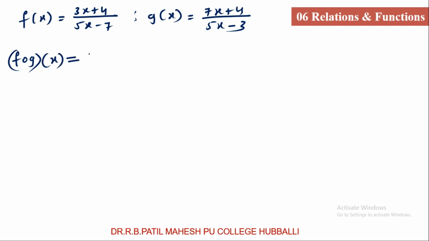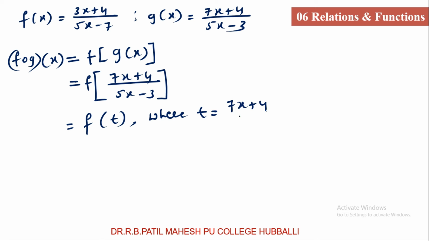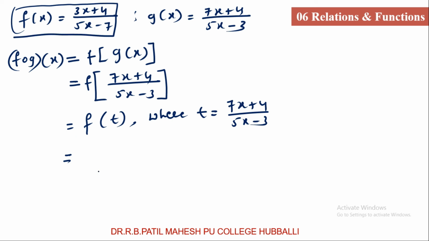So according to the definition, f of g of x, this is going to be f of, replace the g of x function, that is 7x plus 4 upon 5x minus 3, and this is equal to, let me take a t here as I told you in the previous example, where t is equal to 7x plus 4 upon 5x minus 3, just for understanding purpose. Now f of t, look at f of x here, the same will be f of t.